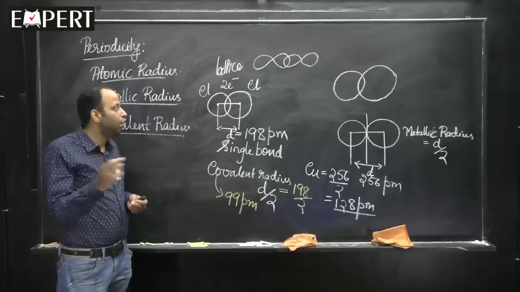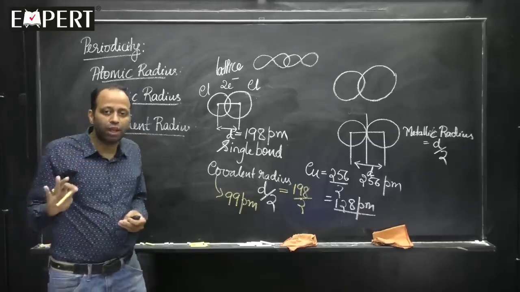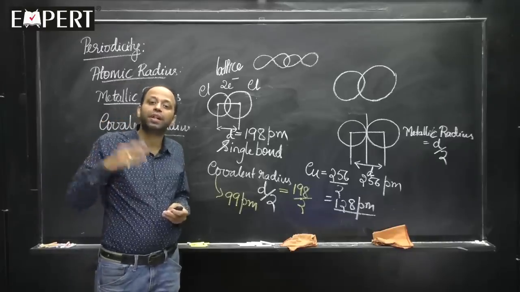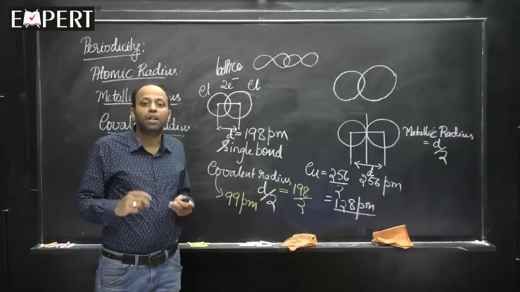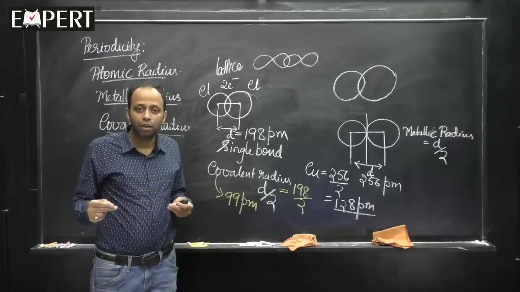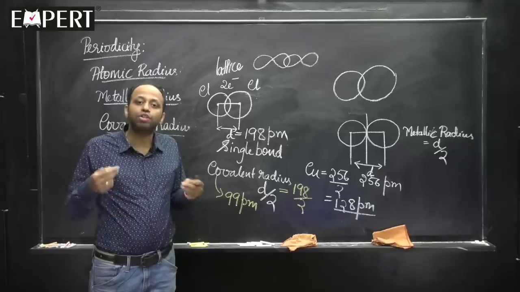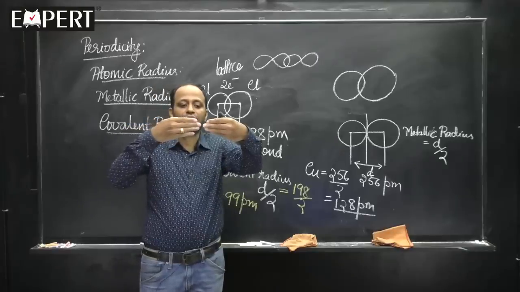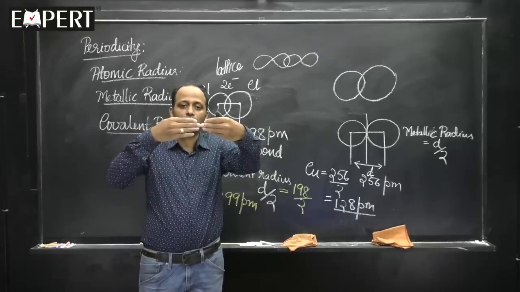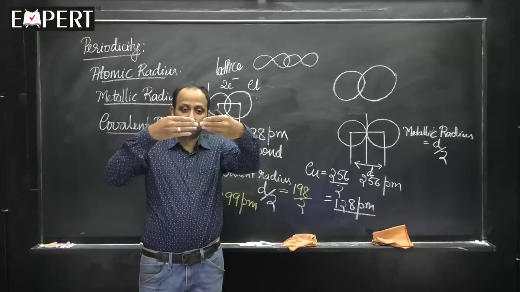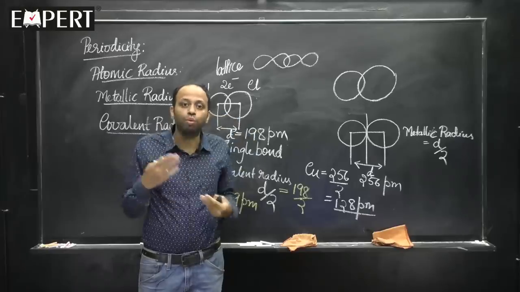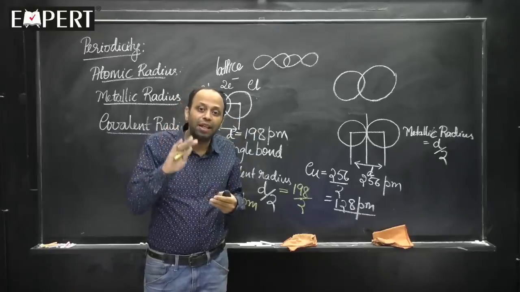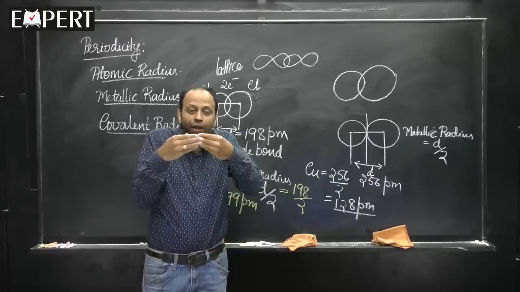Now, imagine chlorine, imagine, because it cannot do that, but imagine chlorine forms metallic bond. Will the metallic radius be larger or smaller than the covalent radius? Think about it. See, chlorine means it should first come and touch one another for metals, whereas for covalent it should overlap. So, what will happen? Covalent radius will be less because the atoms are coming closer.